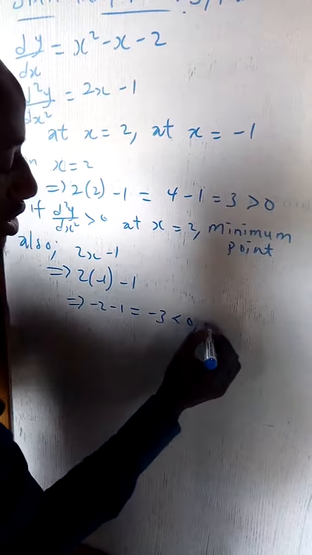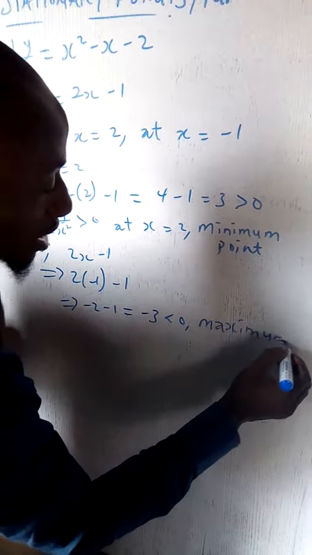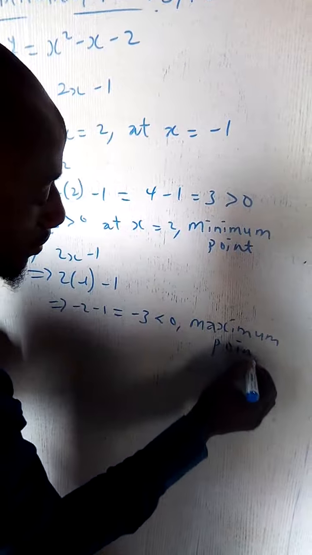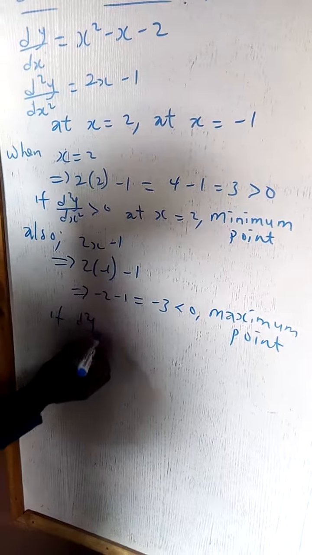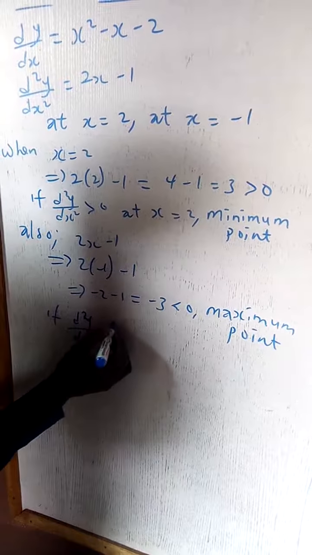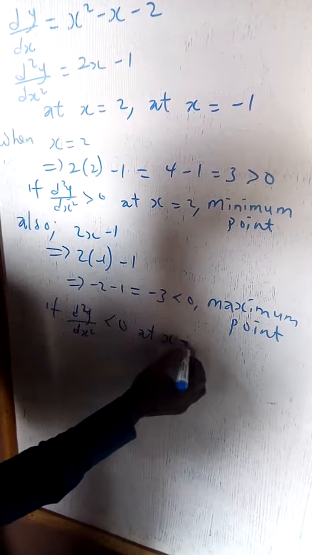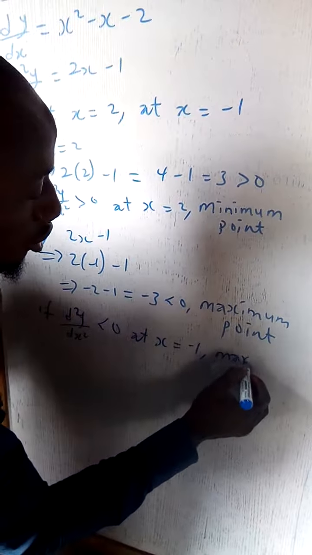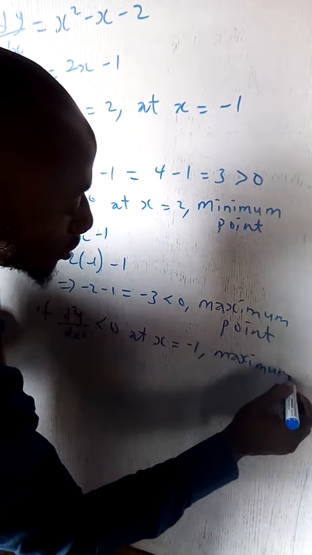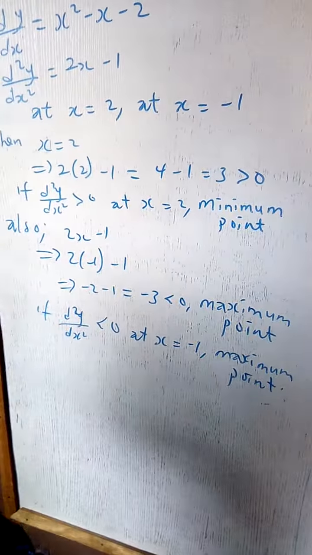This point is the maximum point, because if the second derivative d²y/dx² is less than 0, then at s = −1 we have a maximum point. And that is the explanation of both the minimum and maximum points.